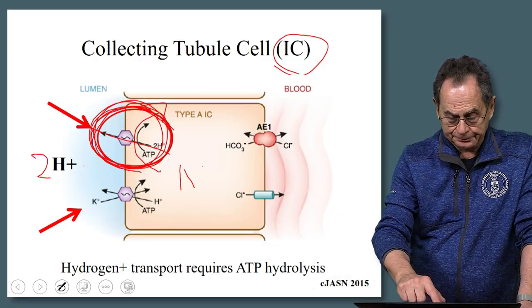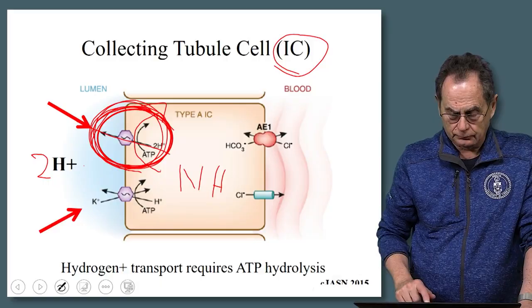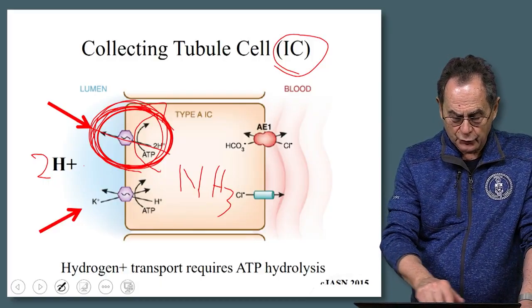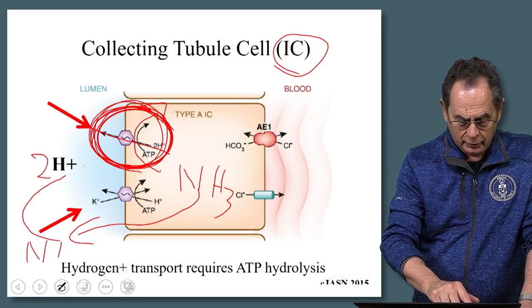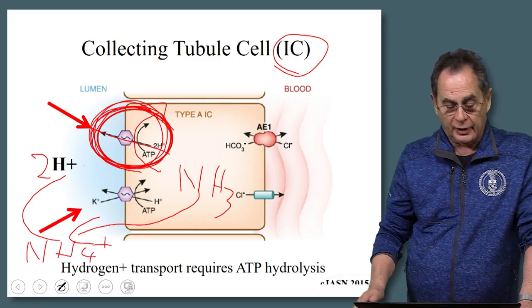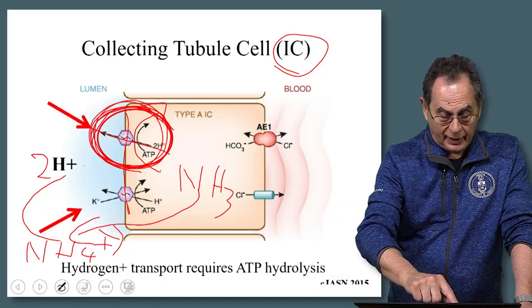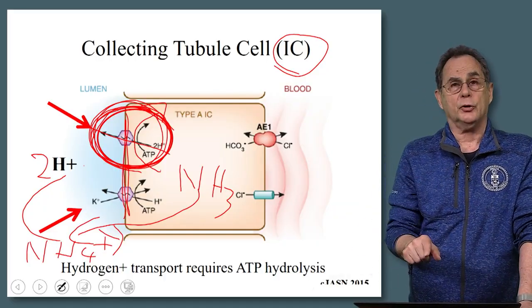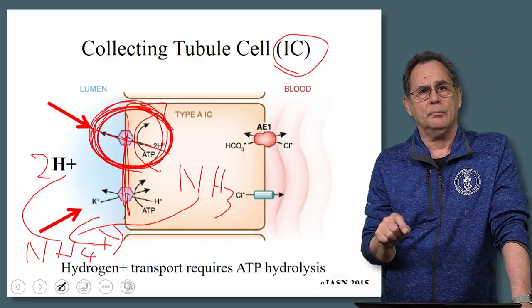The ammonia diffuses out, and then the hydrogen ion combines with the ammonia to form ammonium, which cannot re-enter because the luminal membrane is permeable to ammonia, but impermeable to ammonium.